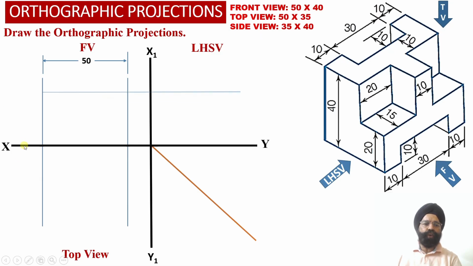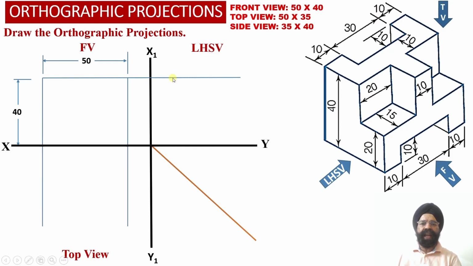So now we are going to mark a distance of 40 millimeter above the XY reference line, and we have obtained a horizontal projector line parallel to the XY reference line into the front view orthographic projection view, and we have extended this horizontal projector line appropriately into the left hand side view projections over here, because into the left hand side view projections also we are going to require the height of the solid equal to 40 millimeter.